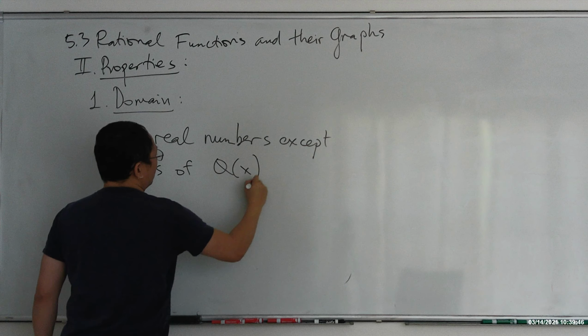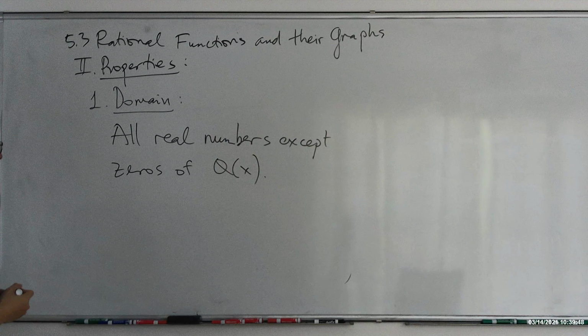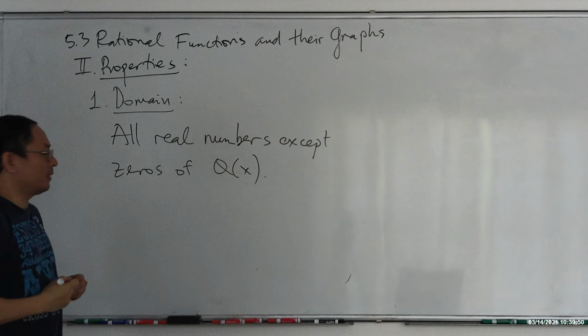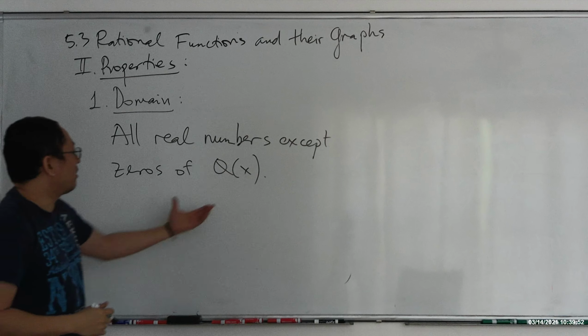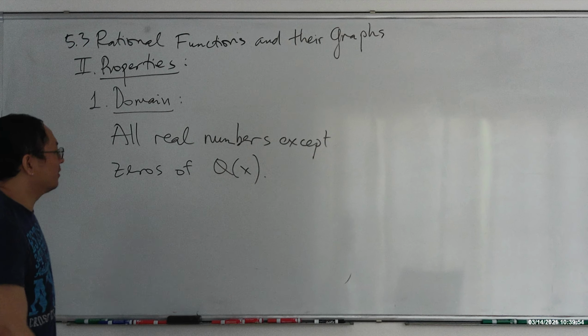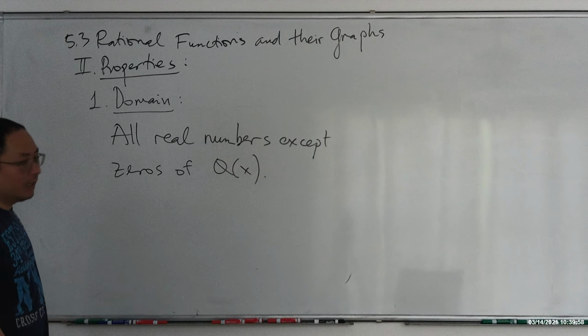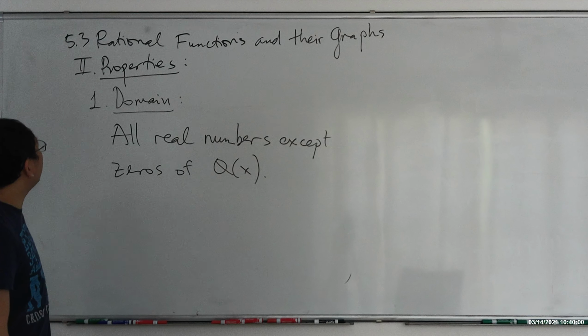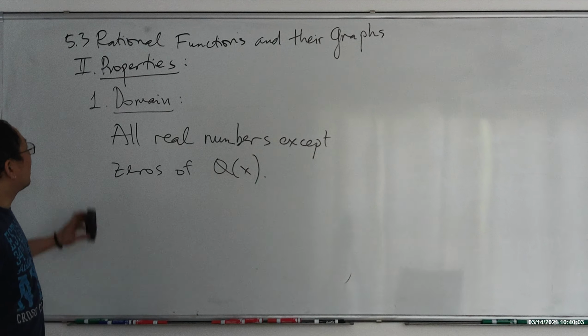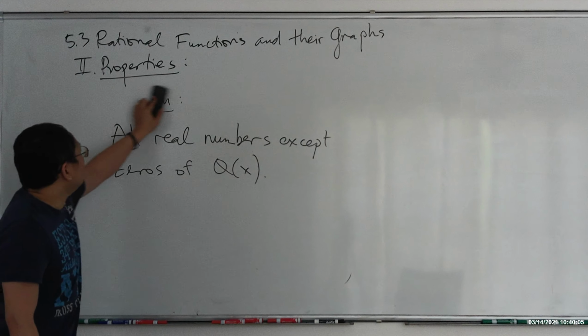I'm going to use q of x for the denominator. How do you find the zeros? You factor the denominator out, and you can find the zeros. And that's what we already learned in 5.1. Okay? That will be the first thing that we learned about rational functions.